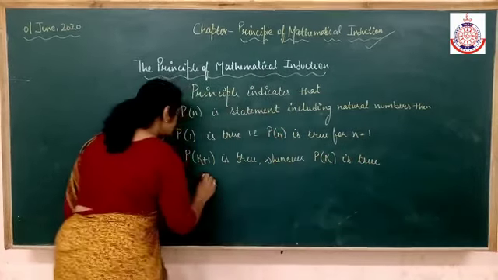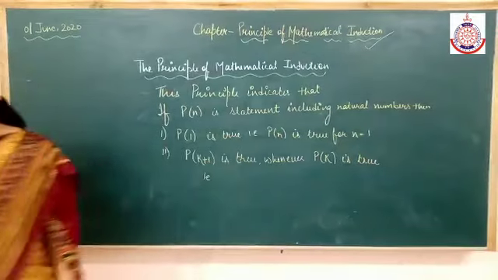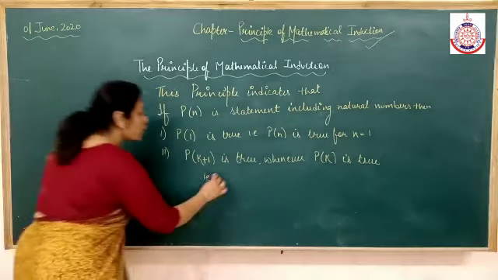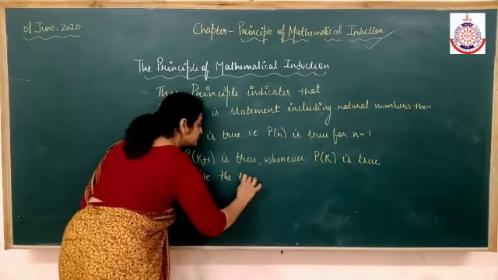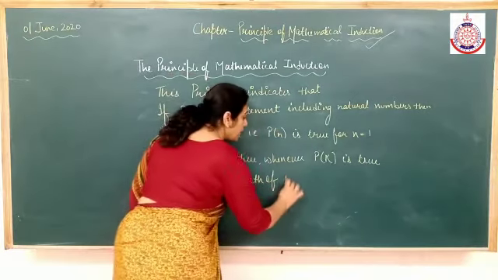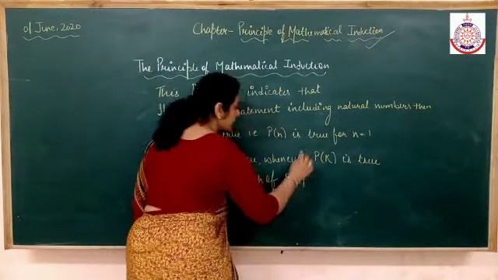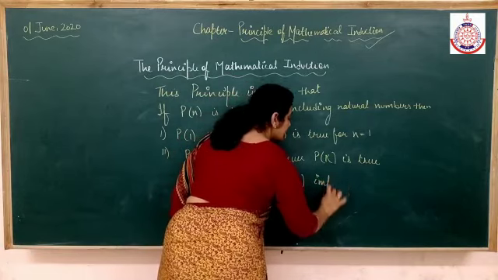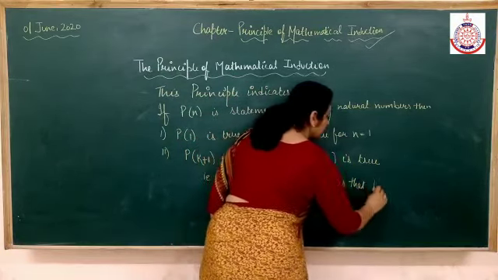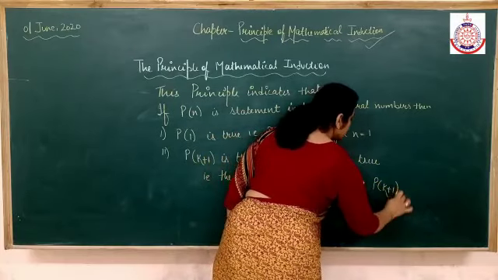What does it mean? Pk plus 1 is true whenever Pk is true. That means the truth of Pk implies that Pk plus 1 is true.